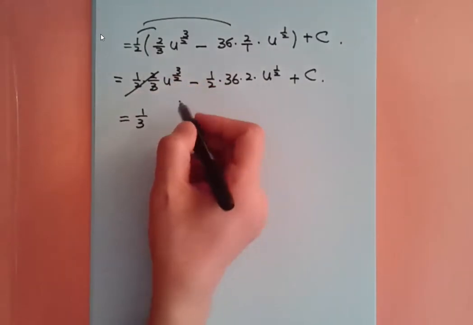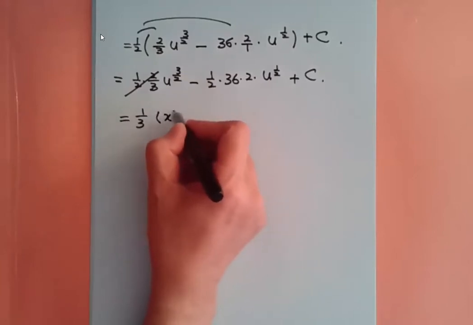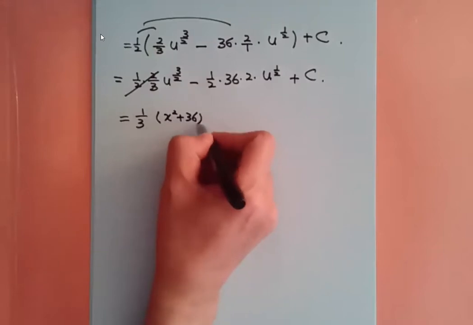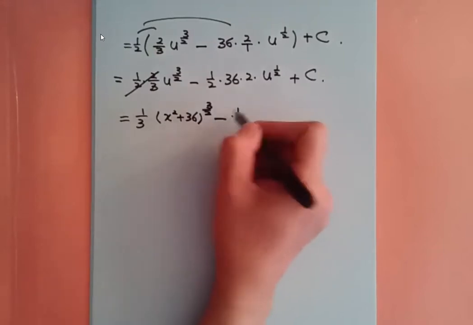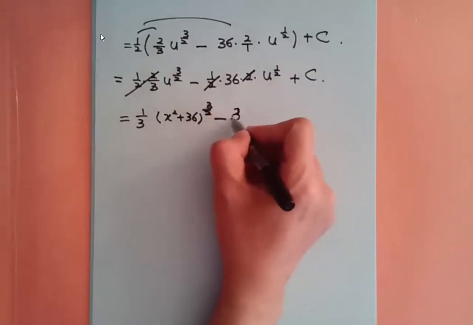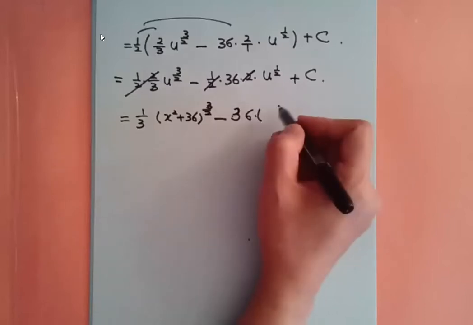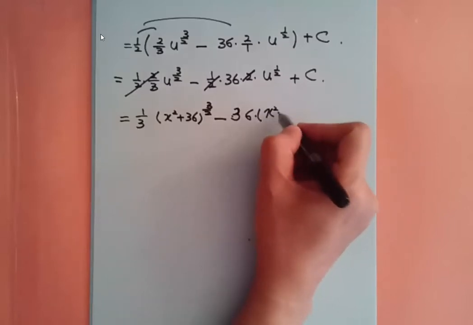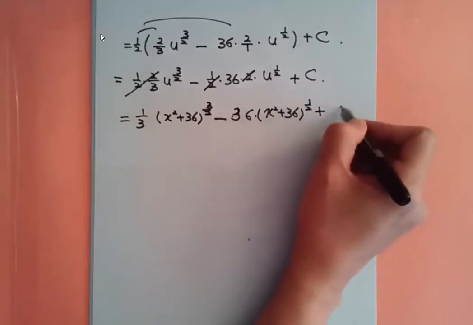And u was what? u was x squared plus 36, so (x squared plus 36) to the 3 over 2 power minus 1 over 2, and the 2s will cancel each other, so we have only 36 times (x squared plus 36) to the 1 over 2 power plus c.